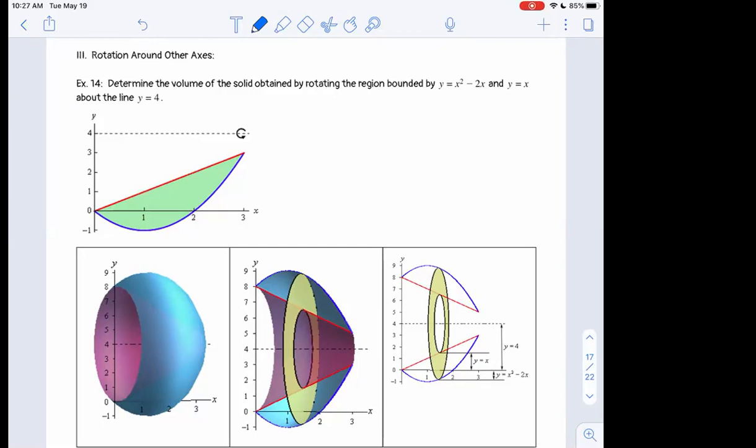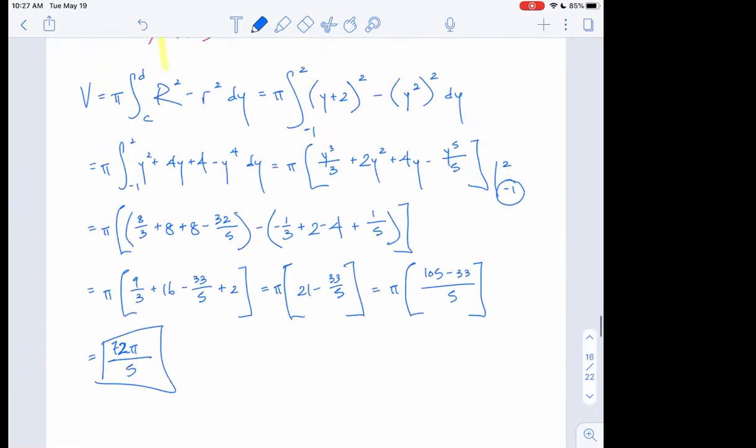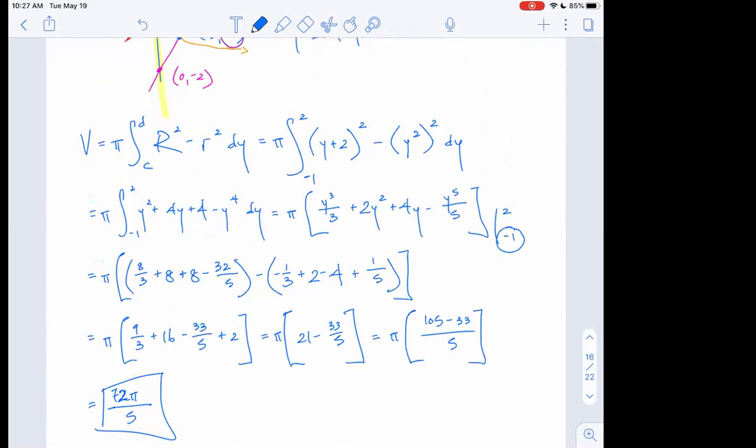Are there any questions about 6.2 before we take a break? I have a question on the problem that we just did. For sure. In one of the steps, where did the 9/3 and then the +2 come from? Okay. So the 9/3 I got with the 8/3 plus 1/3.